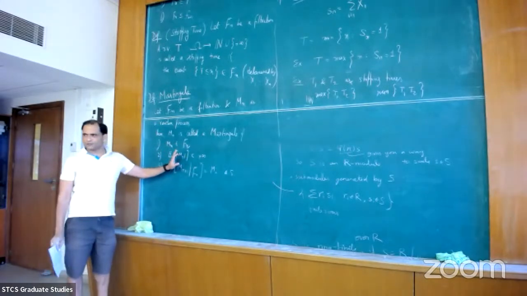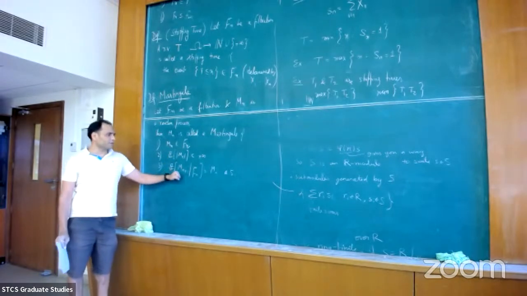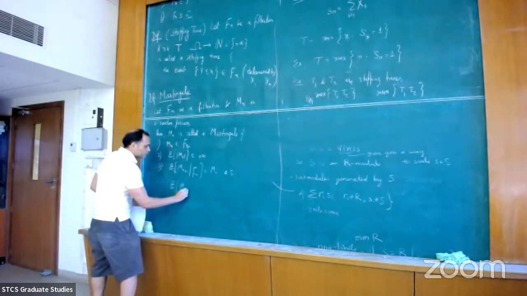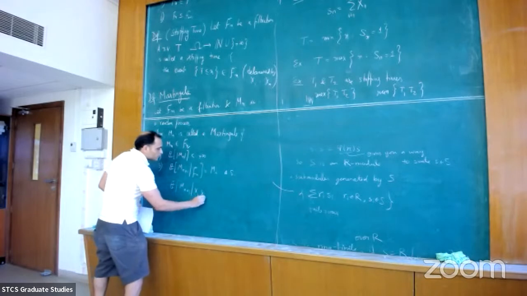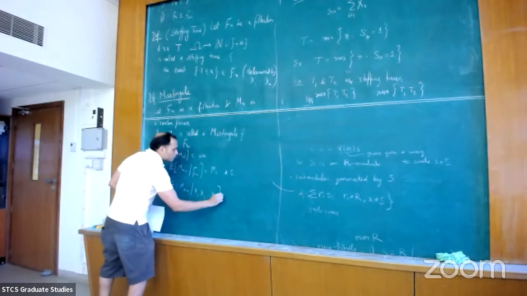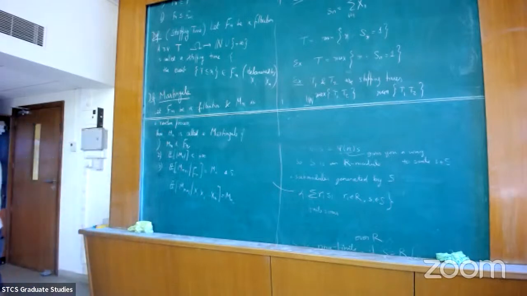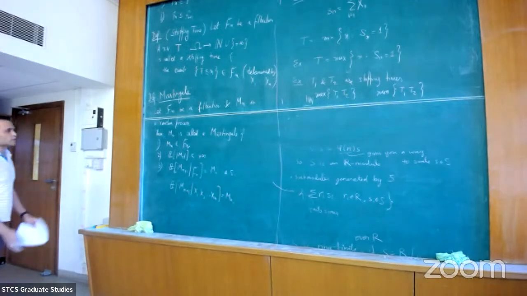The expected value of Mn plus 1, but calculated given x1 through xn, is simply Mn. So this is such a process. If it exists, it is called a martingale. This really is the punchline.